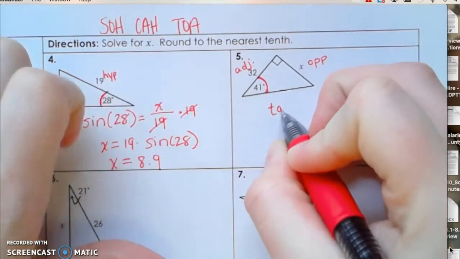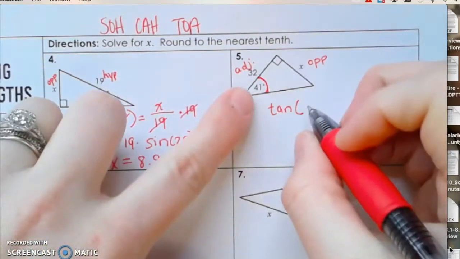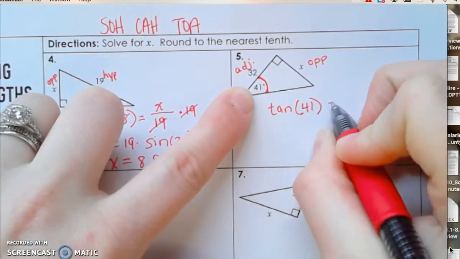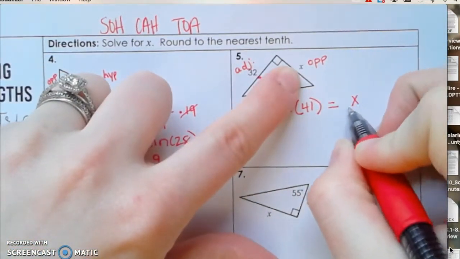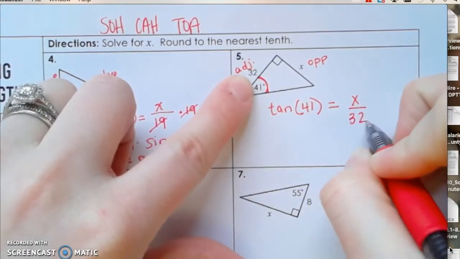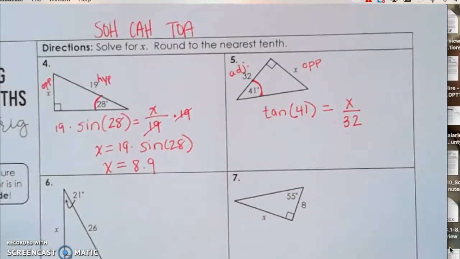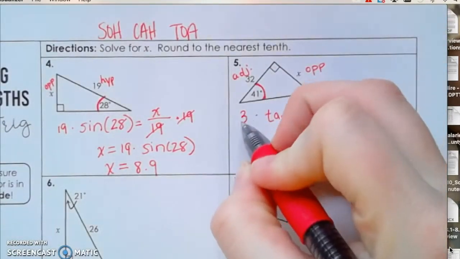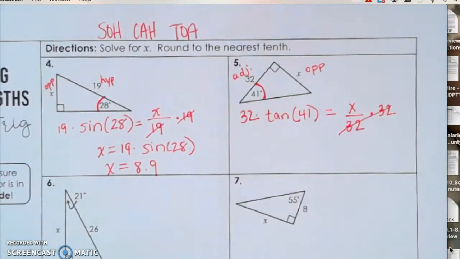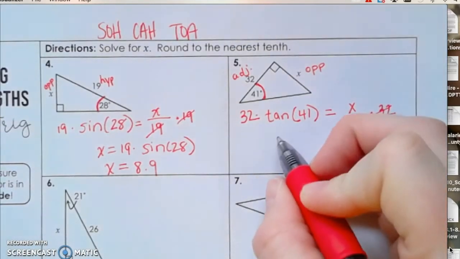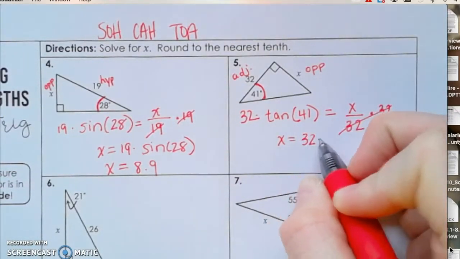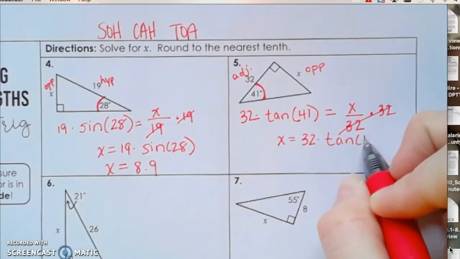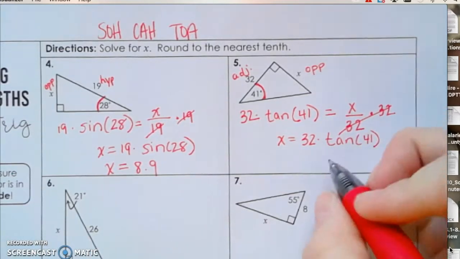So the tangent, instead of naming the angle, I will use the measurement. Tangent of 41 equals my opposite side over my adjacent side. I will multiply both sides by 32 to solve for x. So in order to find x, I'm taking 32 times the tangent of 41.